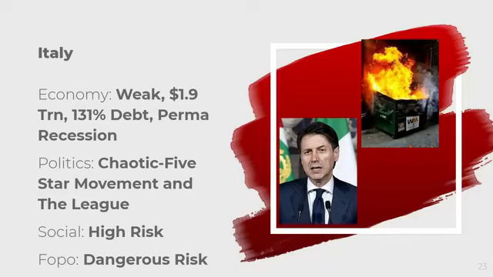The economy is pictured in this slide here. Above, you will see a dumpster on fire, and that is the best way to describe Italy's economy. They have $1.9 trillion in revenue. Okay, that's good. But they also have a 131 debt to GDP ratio, and they're facing what is known as the perma-recession.